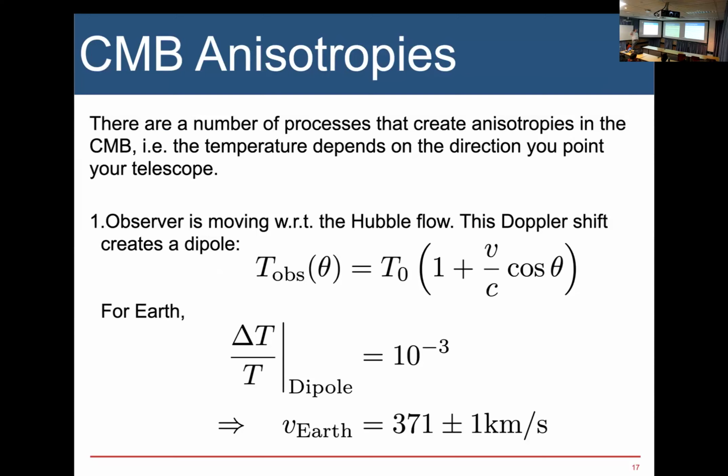If I go hurtling in some direction at some fraction of the speed of light, the light coming at me seems to be hotter, and if I look behind me, it seems to be a bit cooler. So this is a Doppler shift which creates a dipole, one particular direction. There's the formula. We can work that out. We are in fact moving through the cosmic microwave background's rest frame at about 371 kilometers a second.